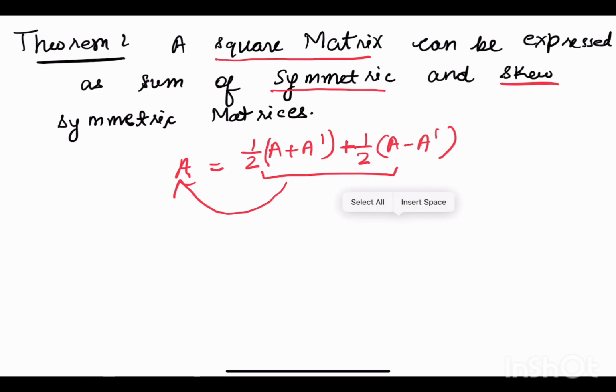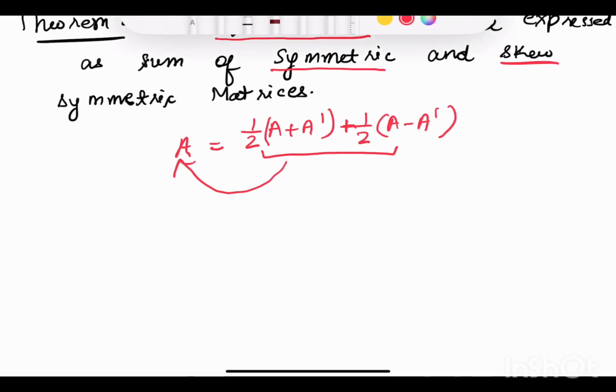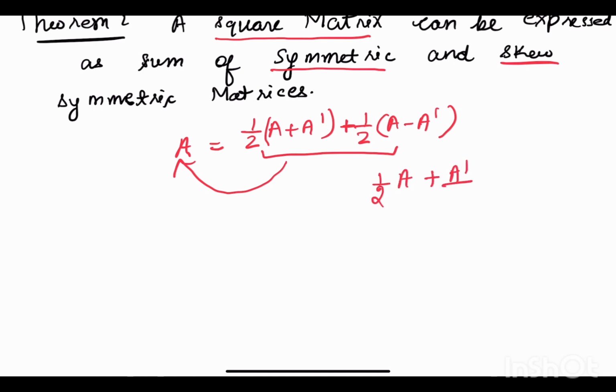Is this term giving me back my A? So yes, this is in turn giving me back my A. This is half of A plus A dash by 2 plus A by 2 minus A dash by 2. So this term will cancel. This is my A.